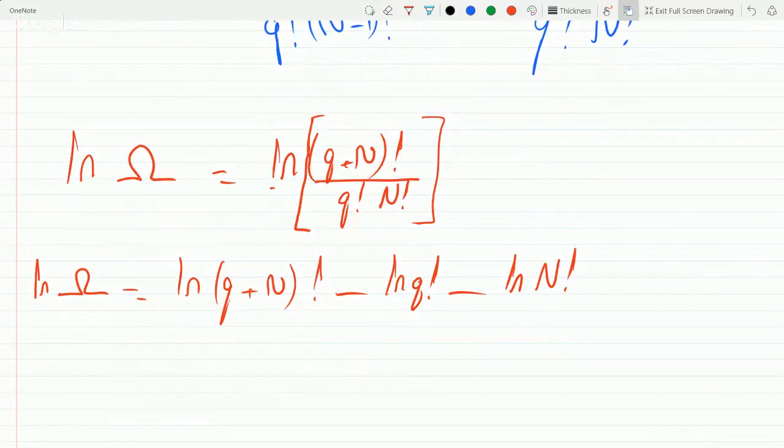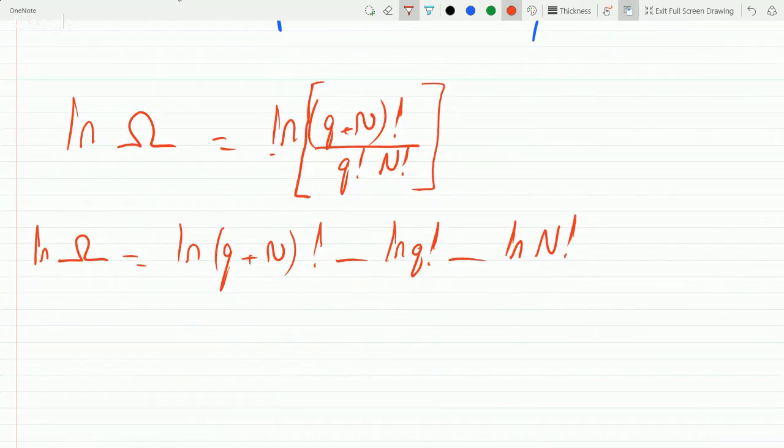Okay, now by Stirling's approximation, ln N! is just N ln N minus N, right? So this guy here becomes minus (N ln N minus N).